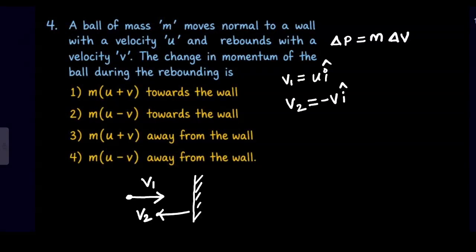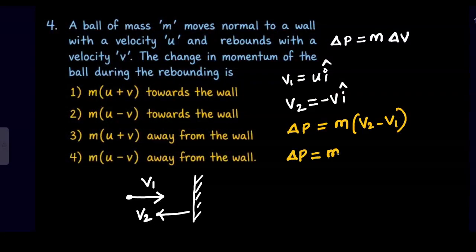Now we'll find the change in momentum. Delta P is equal to M into V2 minus V1.